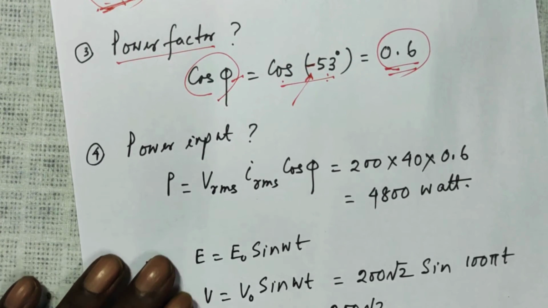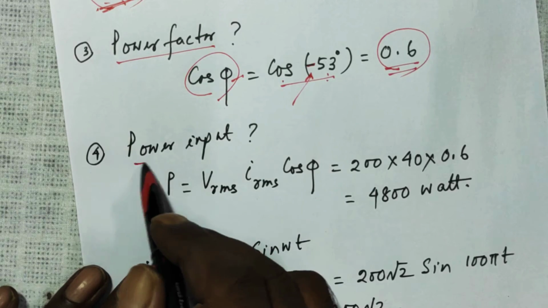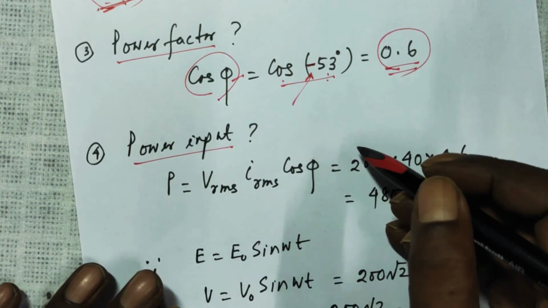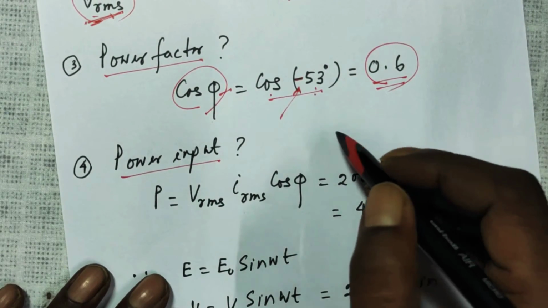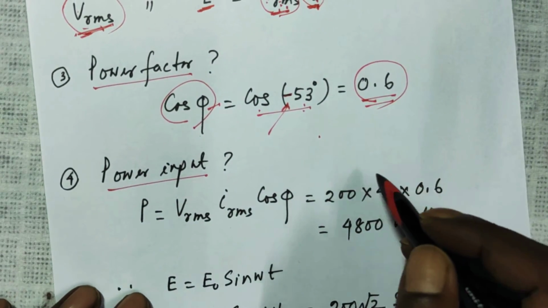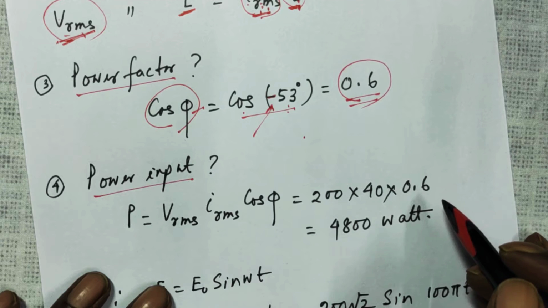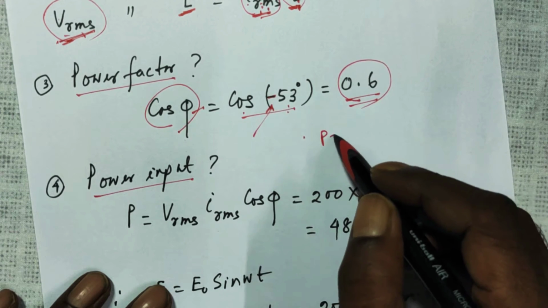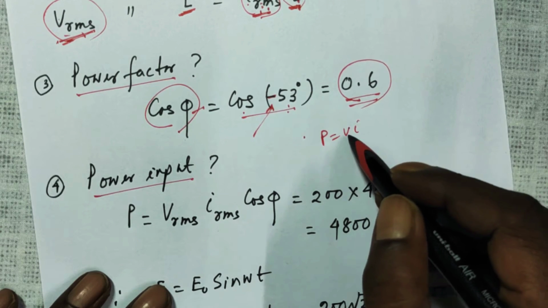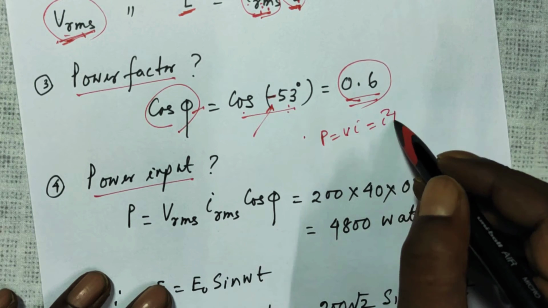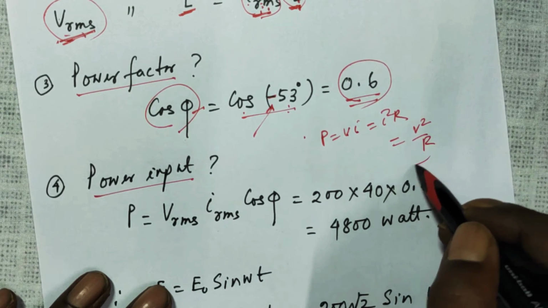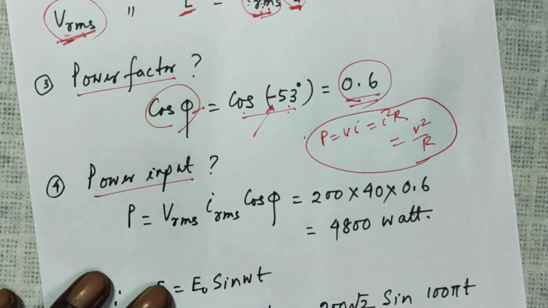Now, coming back to power. In current electricity, we derived many expressions for power. When only resistances were there and a DC source was there, power was equal to VI, V is equal to IR, I square R, I is equal to V by R, V square by R. These were for DC circuits.